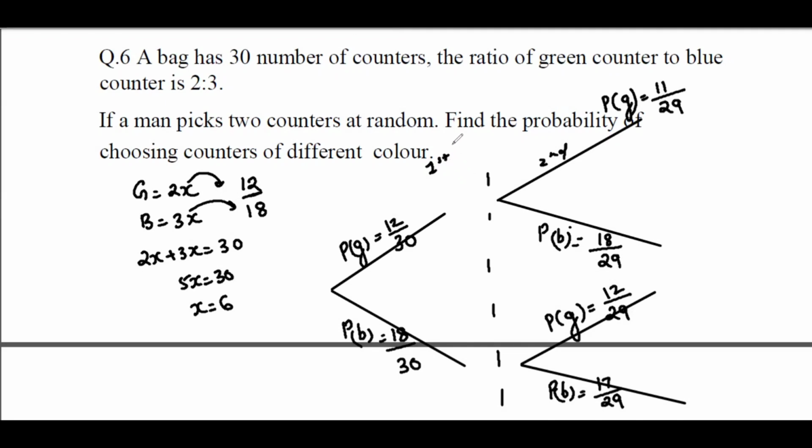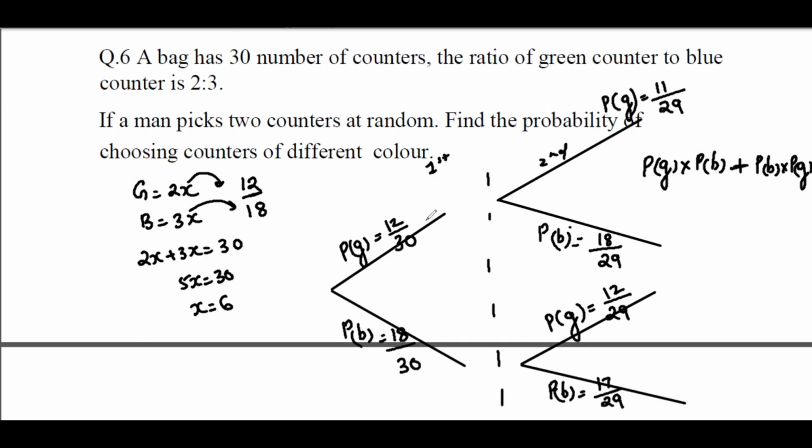The question is to find the probability of choosing counters of different color. That means if he is choosing green in the first pick, he has to choose blue in the second pick, or if he is choosing blue in the first pick, he has to choose green in the second pick. These are the two possible cases.